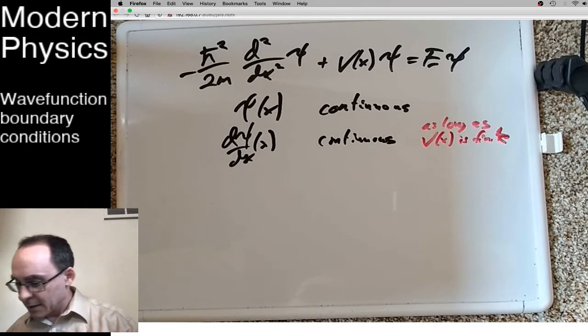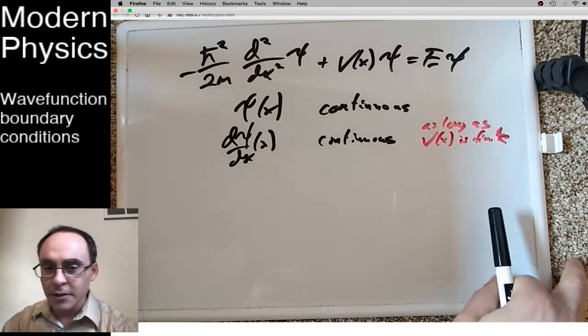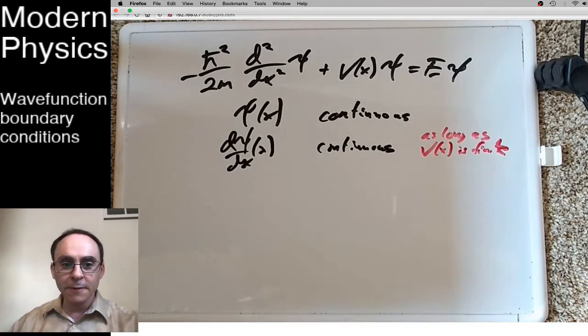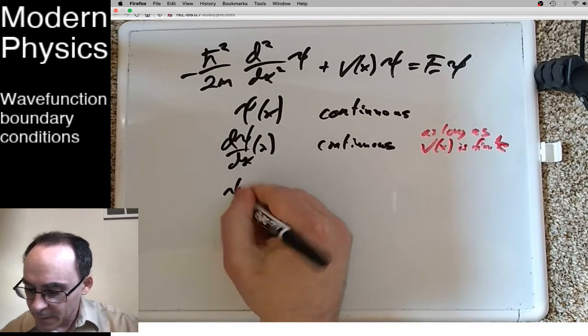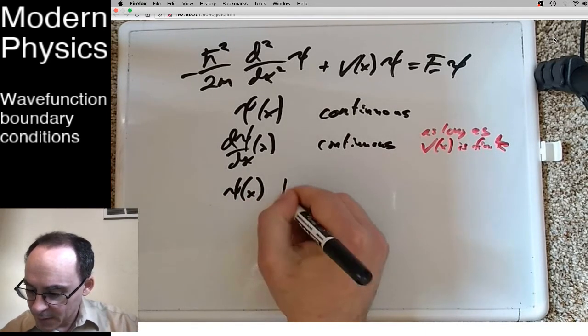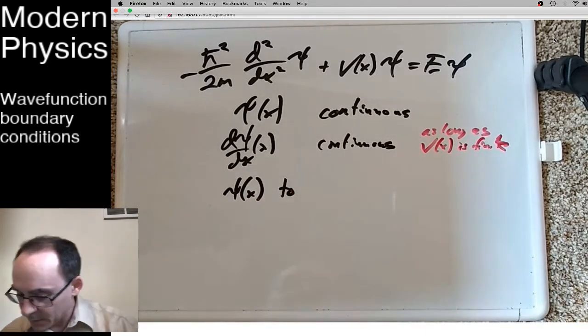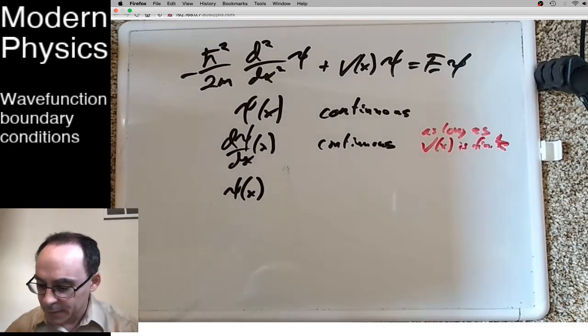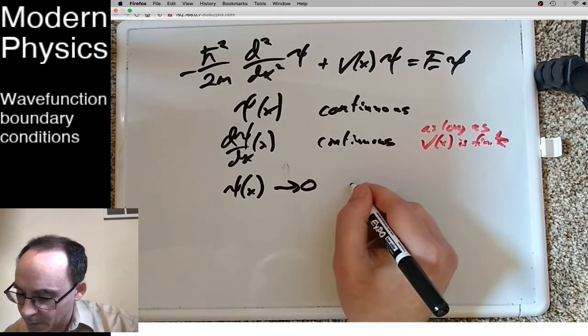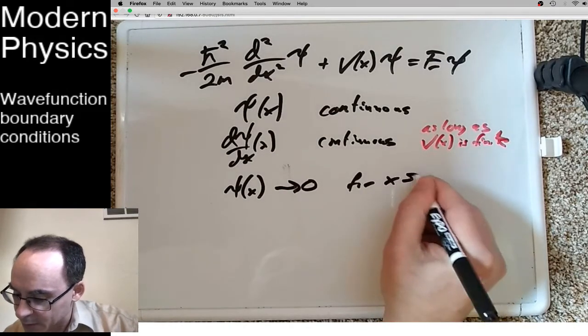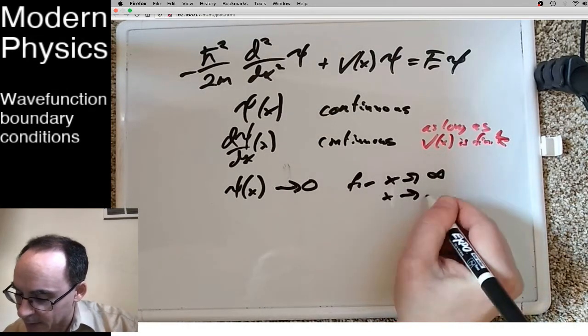There are a couple other conditions that we'd also like, for physicality reasons. We would like psi of x to go to 0 as x goes to infinity and as x goes to negative infinity.